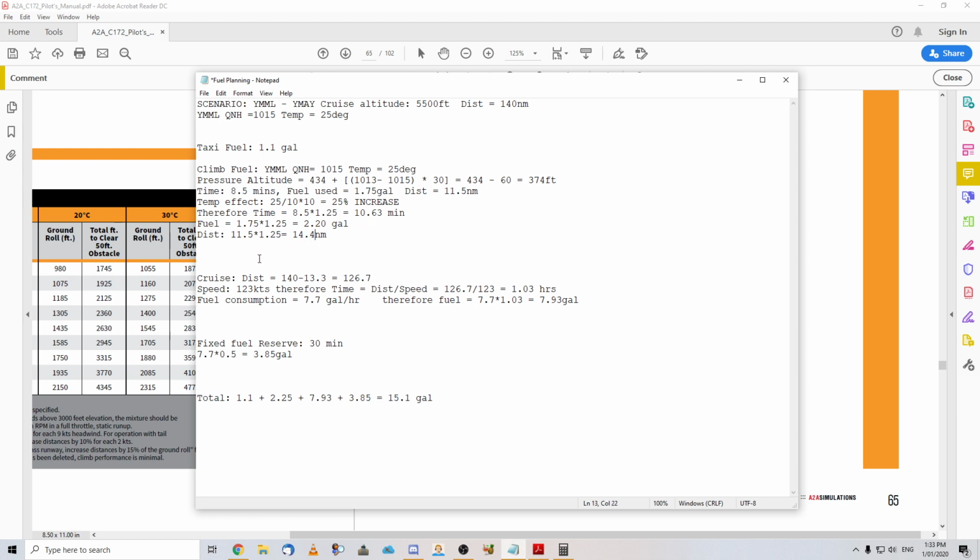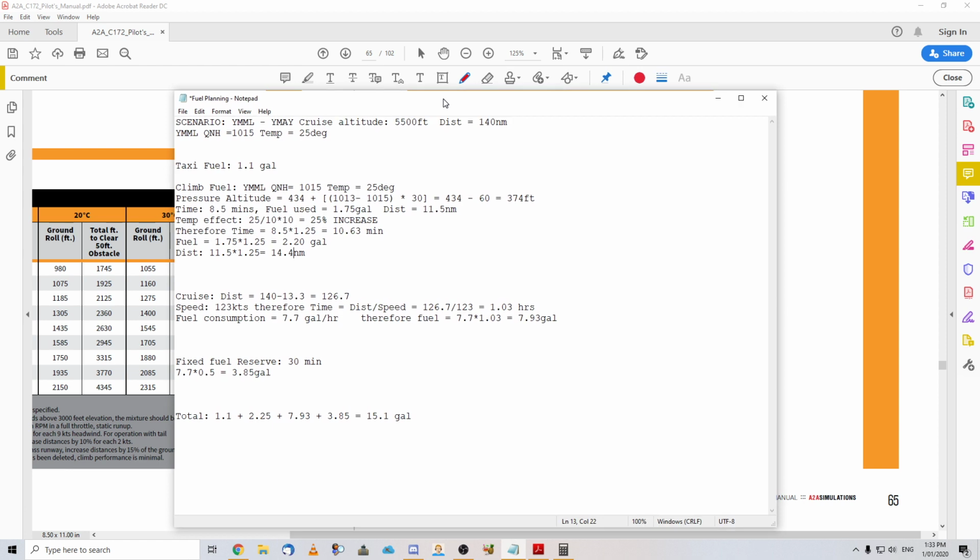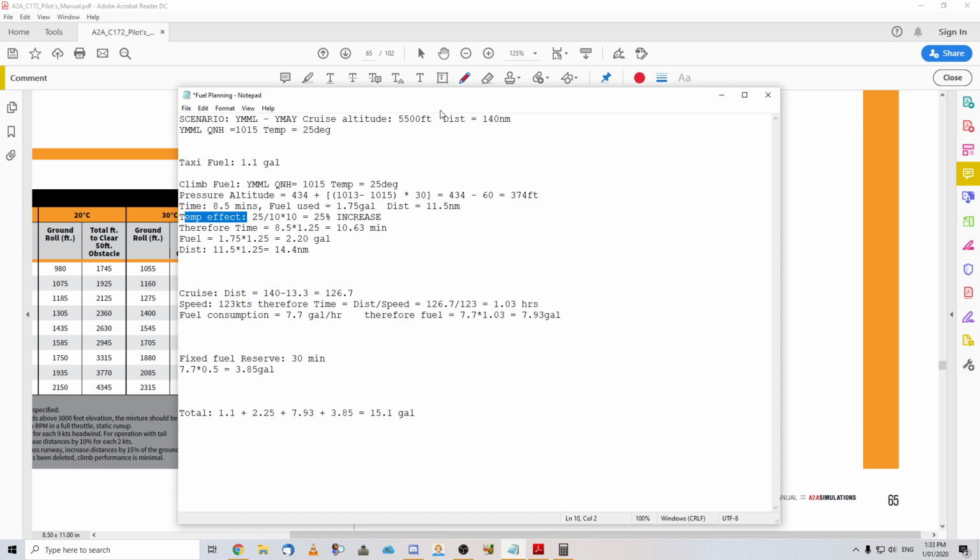Okay, so it's going to take us just over 10.5 minutes, 2.2 gallons of fuel, and 14.4 nautical miles to get to our cruise. So we've taken the temperature effect, what I call the temperature effect, to get our cruise.